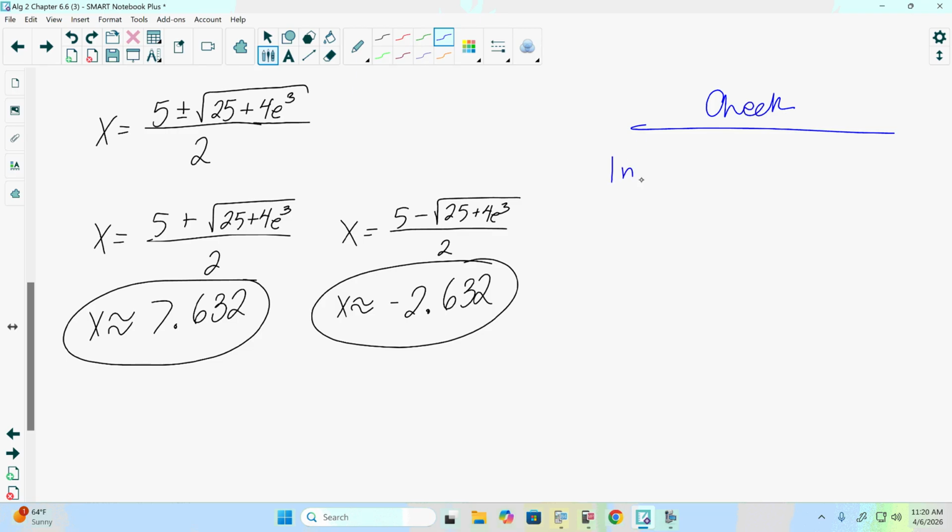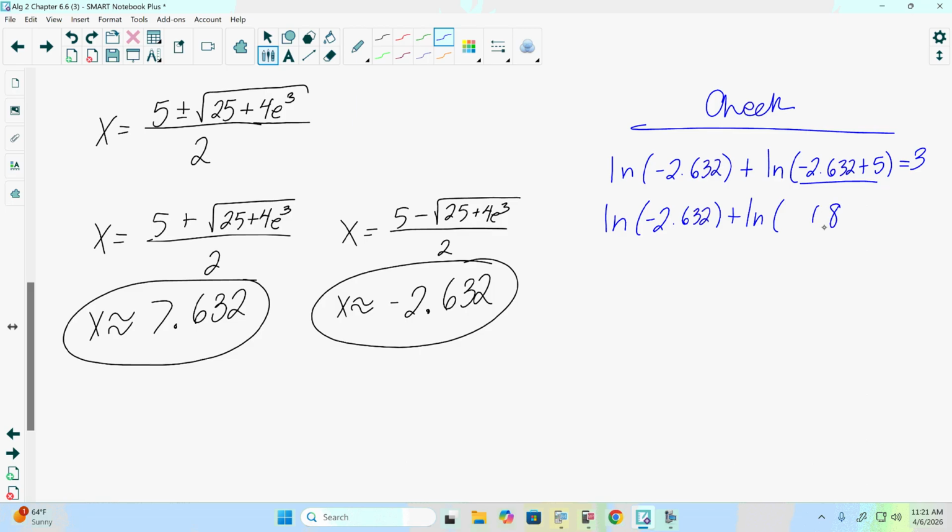Because if we check it, the natural log of negative 2.632 plus the natural log of negative 2.632 plus 5 is supposed to equal 3. Negative 2.632 plus 5, we can do that in a calculator. We can do it by hand.